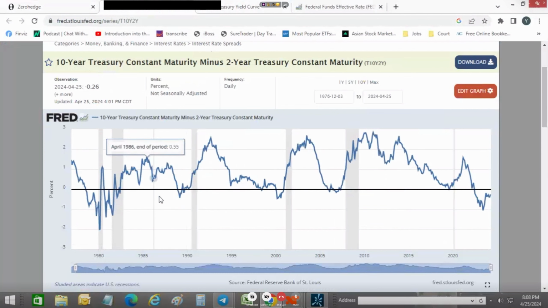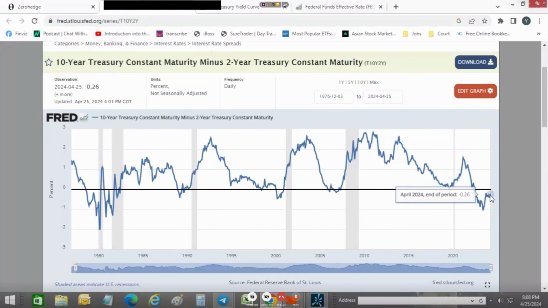But if you look back, every time it does this, what happens? It uninverts quickly, and then uninverts quickly, and then uninverts quickly. And right after that, what do you get? Recession. The gray line is a recession, and then a recession, and then a recession. Here it basically almost inverted, and then you get the 2019 COVID crisis recession, super small.